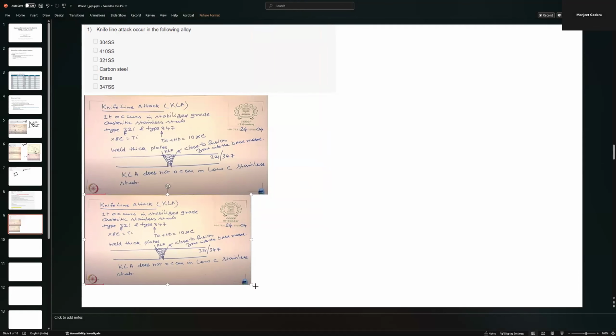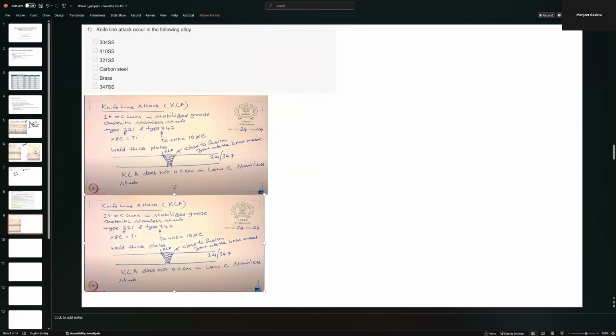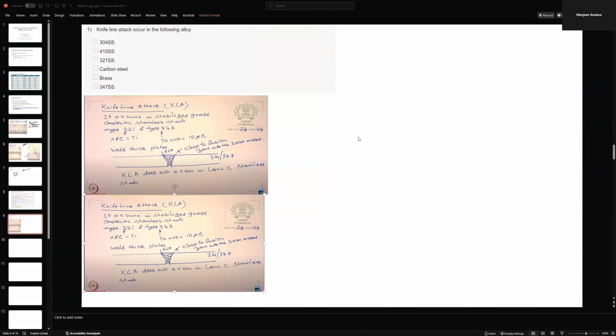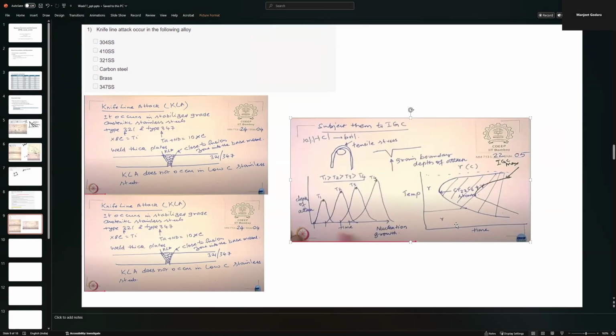Precipitation will occur if you are inside this zone, if you remember this diagram. You reach some temperature, and if you quench it fast enough, you won't get any chromium carbide precipitate. But if your cooling is slow enough, you'll enter this region where your temperature is between 450 degrees Celsius and 800 degrees Celsius.